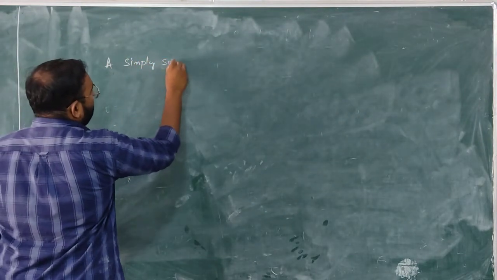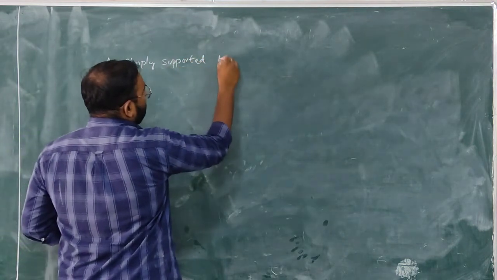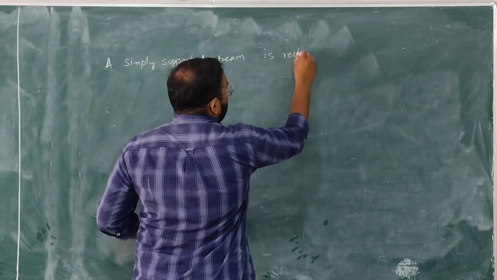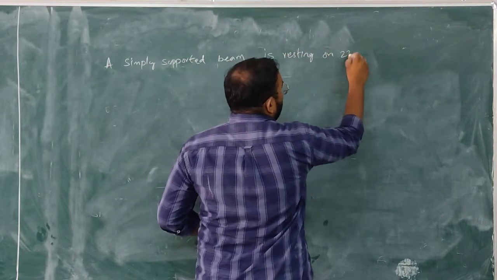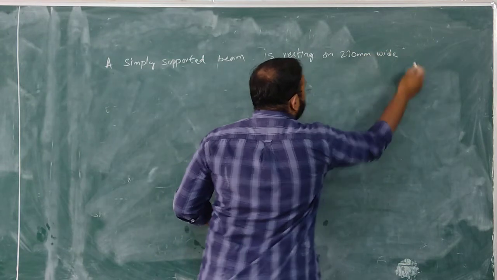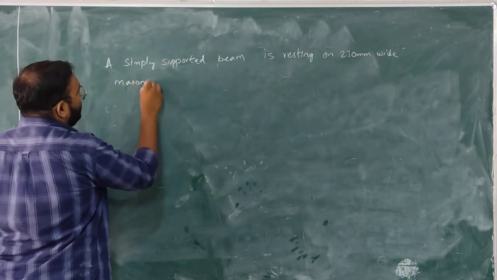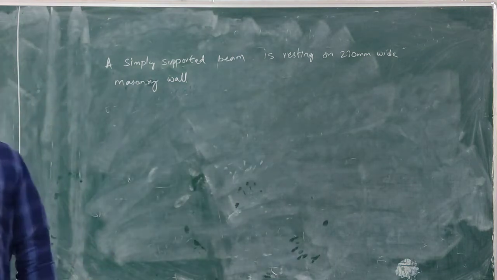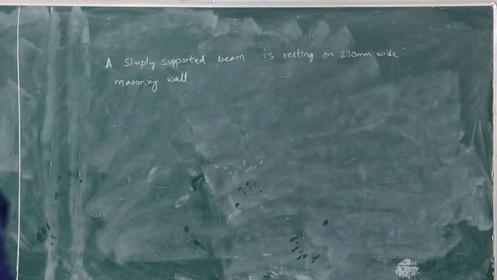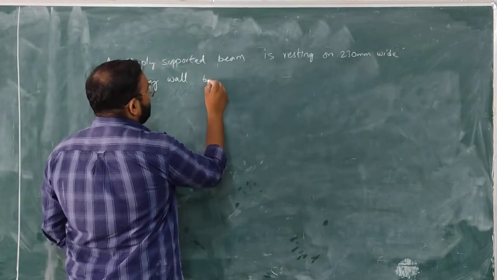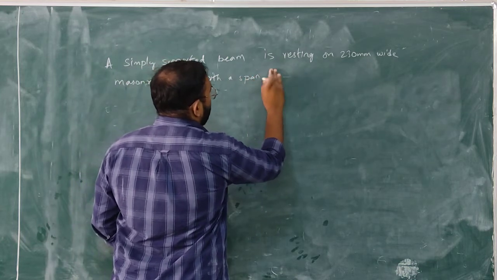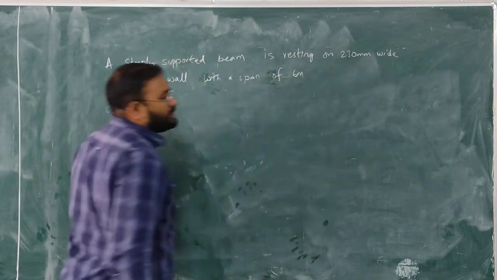A simply supported beam is resting on a 230 mm wide masonry wall with a span of 6 meters.